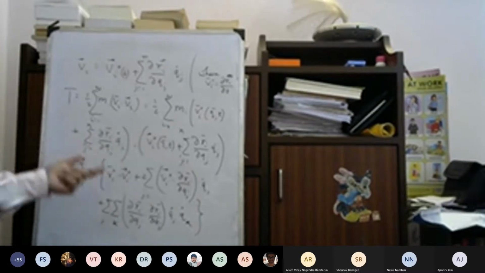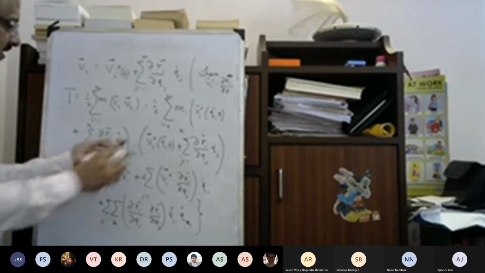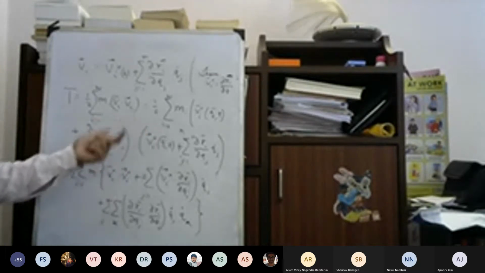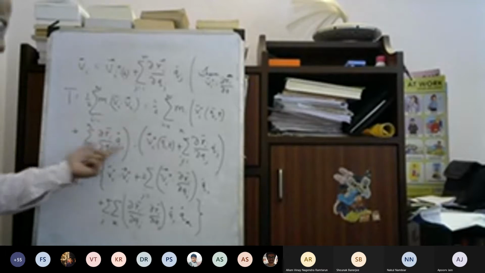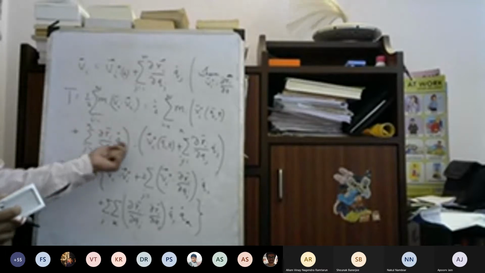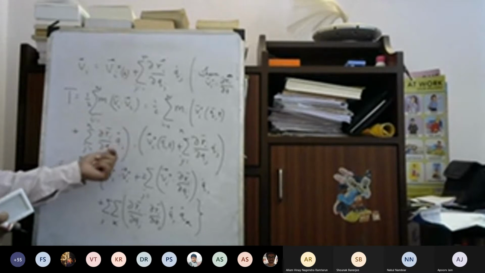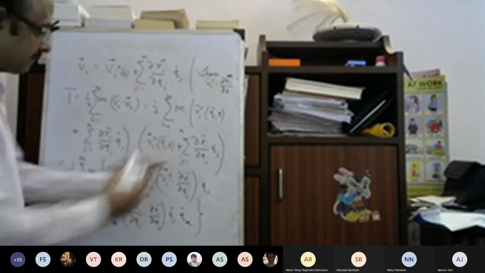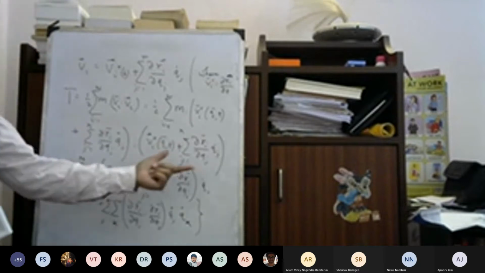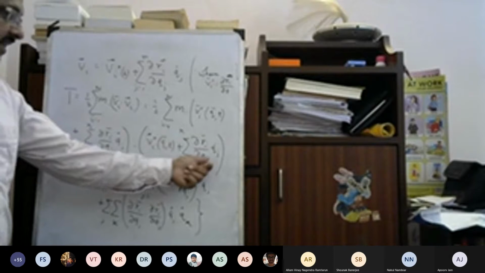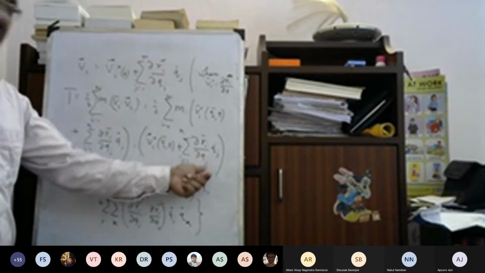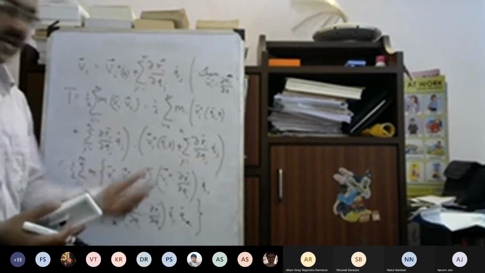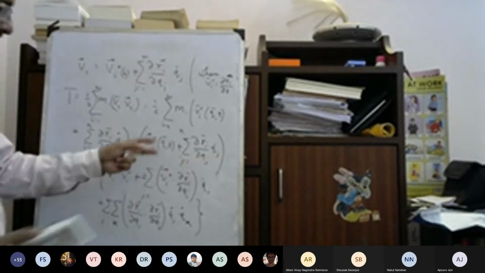I have written only one subscript so far. This j is together, but I can replace it because this is a summation: q1 dot del ri by del q1 plus q2 dot del ri by del q2 and so on. So I compress this expression by writing a subscript like qj. When I take these two terms, j is appearing twice, but that need not be so, because I could have replaced j by k; this is just notation, and the summation remains the same, right?